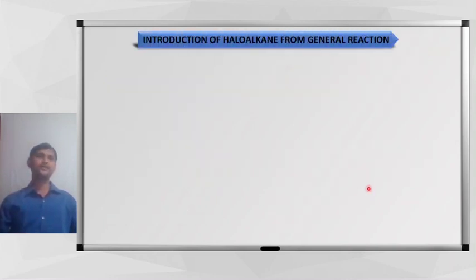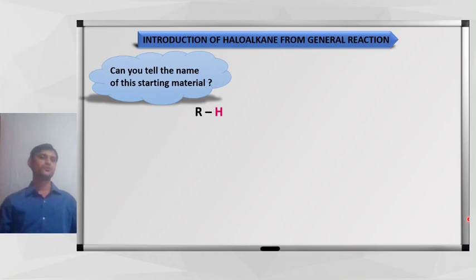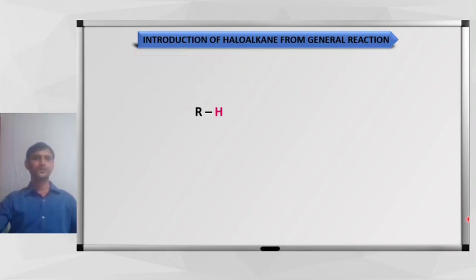Now next, introduction of haloalkane from the general reaction. See, this is the RH group. This is the starting material. So in the reaction, we know the left hand side is the starting material and the right hand side is the product. The starting material is, as we already know, the reactant. Now see, this is called alkane.